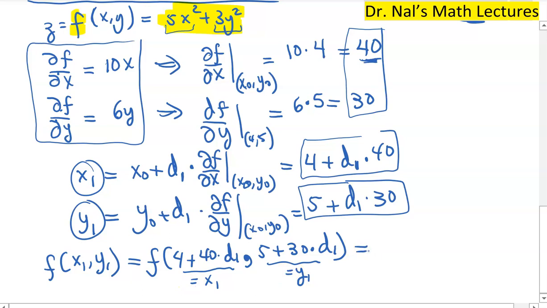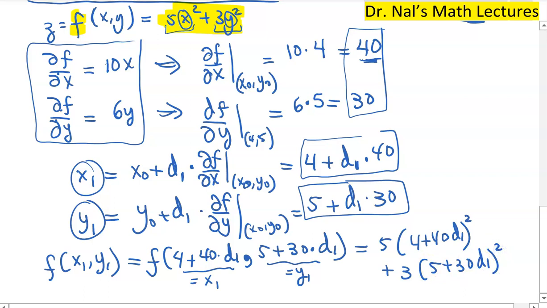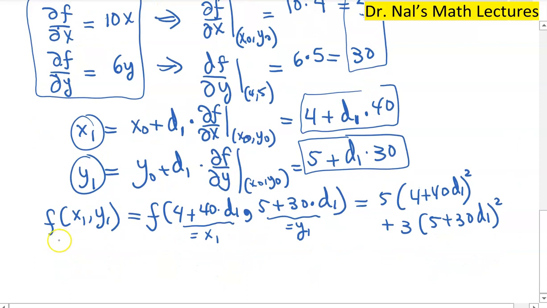So when you plug them into the function, you get 5 times x1 squared, so I need to square that and then square the other one. So 5 times (4 plus 40 d1) squared plus 3 times (5 plus 30 d1) squared. There you go. Now decidedly, this is not a function of x1 and y1 anymore. This is a function in d1.